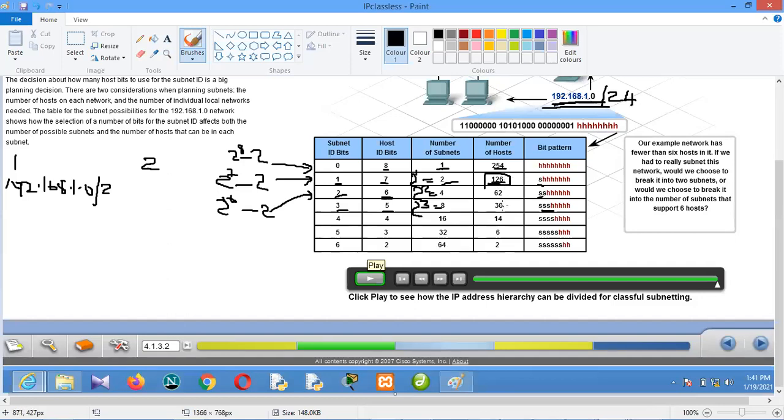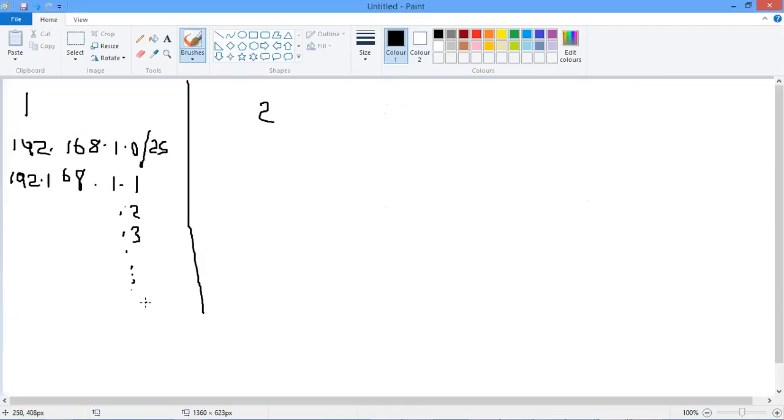So from 1 to 126 as valid IP addresses, meaning that 127 is my broadcast address.